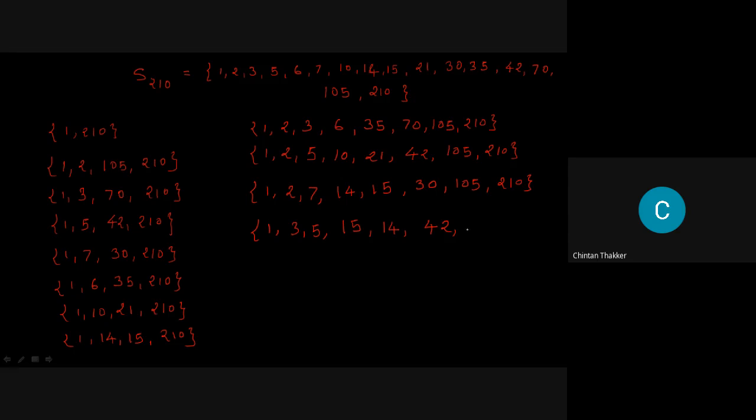Divide by 3, so 70, then 210. Then 1, 3, 7. So LCM is 21. We divide by 21, we get 10. Divide by 7, we get 30.